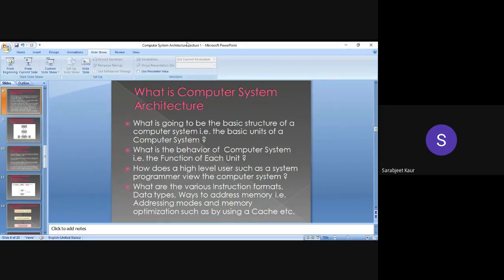So you are directly concerned with addressing. The low-level programming language is again of two types, machine language programming and assembly language programming. When we go further down to the machine language, you even specify the type of instruction format and how to deal with individual bits.